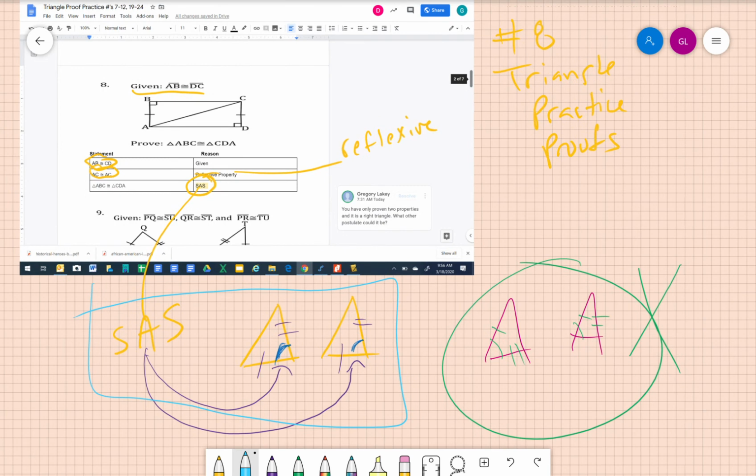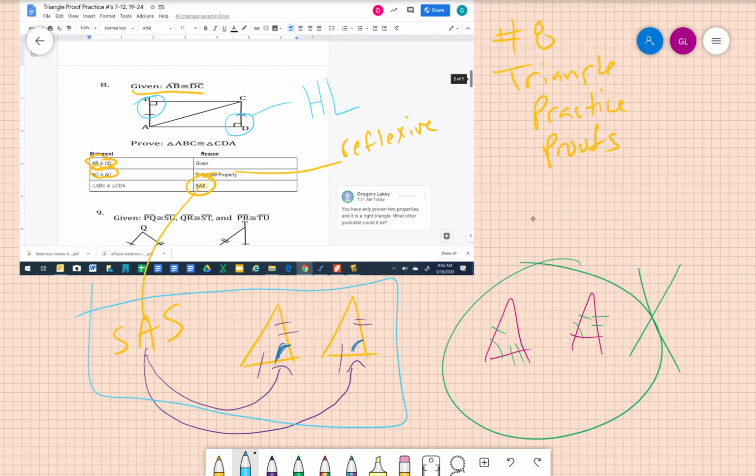So now for problem 8, we have several different triangle postulates, but there's one that if we are looking at a right triangle, right, and we have a right triangle right here, if we happen to have the hypotenuse and the legs being congruent on both triangles, they're congruent by the hypotenuse leg theorem because it's a right triangle.